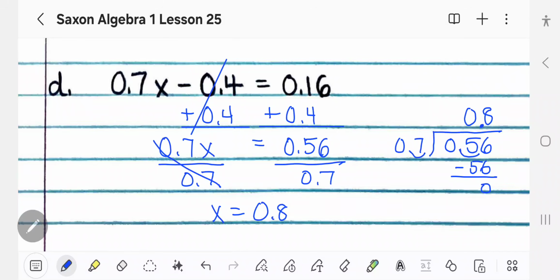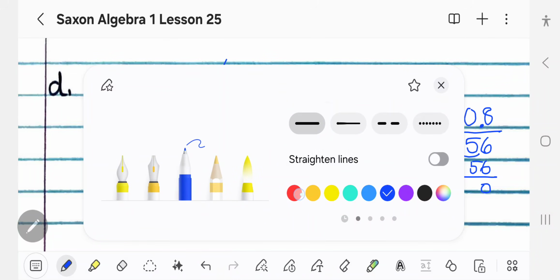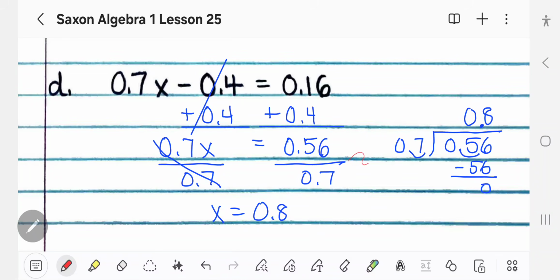Now, there's another way to do this. I wanted to show you this, because some of you may enjoy this way a little bit better. When you've got this fraction, this division with decimals, we could have just gone ahead and multiplied the top and the bottom by 10, right? And that would have given us 5.6 divided by 7, okay?